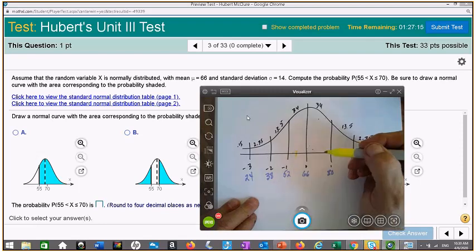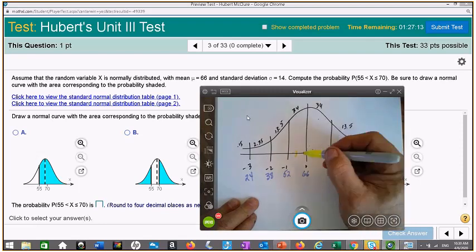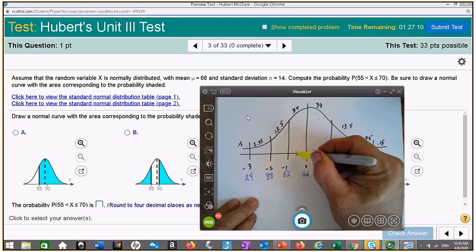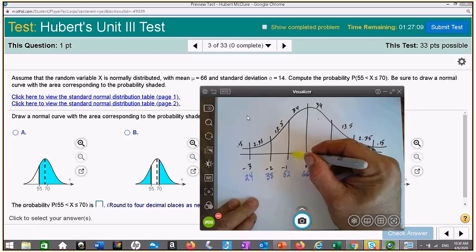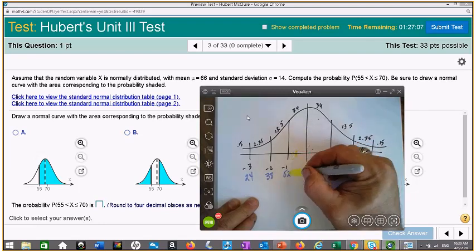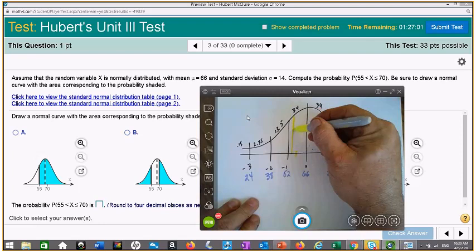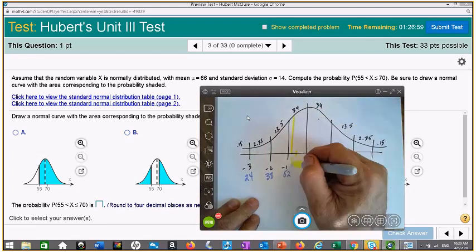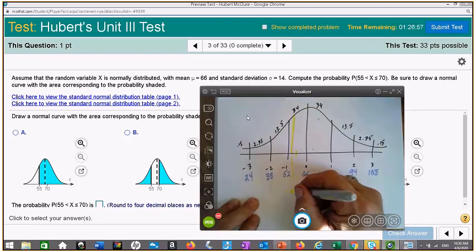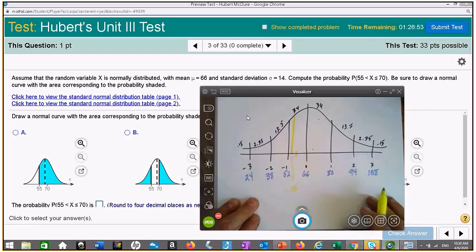And they want 55. So 52 to 59 is 7. Half of 7 is 3.5. That'd be 55.5. So halfway here, which would be negative 0.75, somewhere around there.